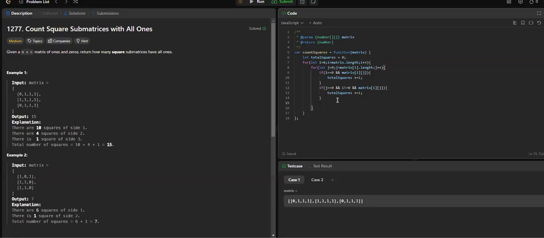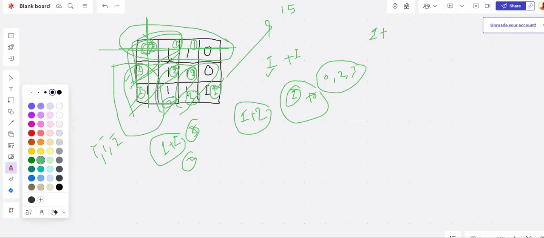So we can do if i not equals 0 and j not equals 0 and matrix[i][j], right? That's the only condition we have left. If this is the condition, then what we are saying is we're first updating our matrix value with these three numbers, right?